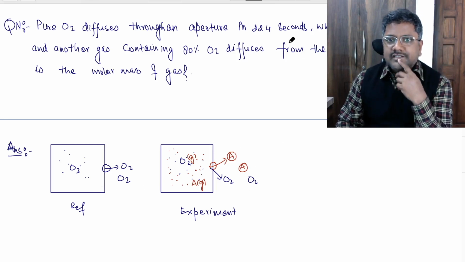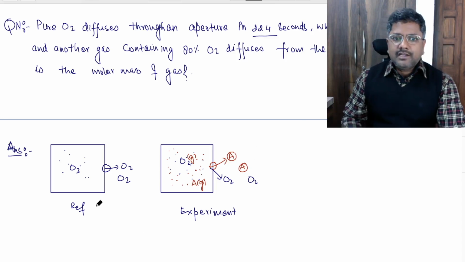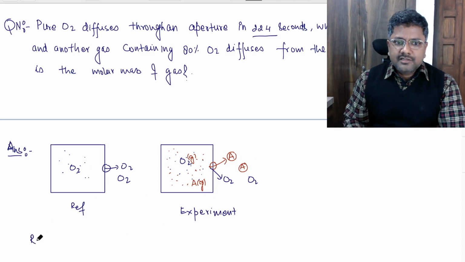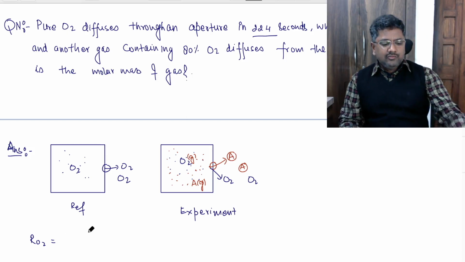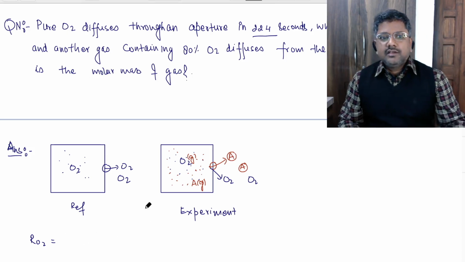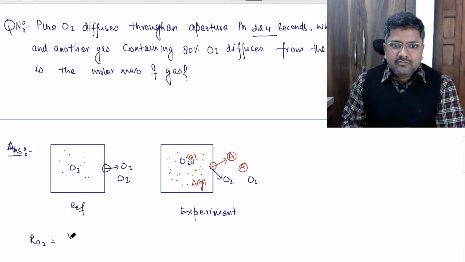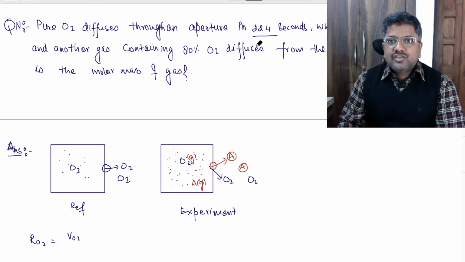I think not for the same time, they have given different time. So rate of effusion of oxygen, R of O2, is equal to, let it be, pure O2 diffuses, so let it be the volume of oxygen here, some volume of oxygen diffuses in 224 seconds.